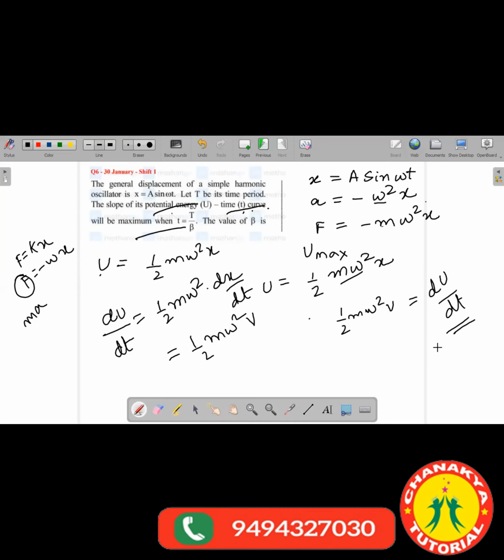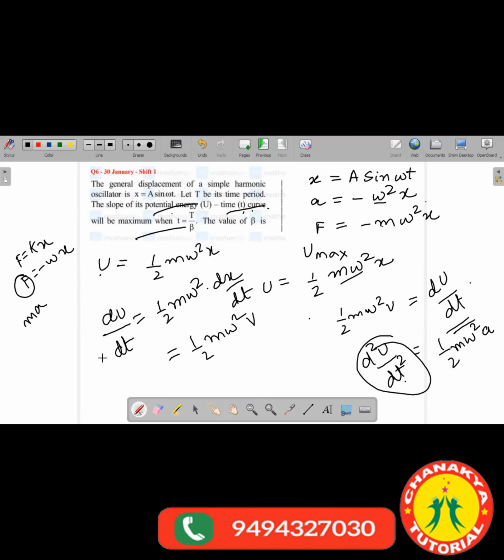So this can be maximum at a point if you get d2u by dt squared equal to 1 by 2 m omega squared dv by dt, which is your acceleration. So this will be maximum when d2u by dt squared will be equal to 0. So the time rate of du by dt will be equal to 0. So you will get this maximum value.